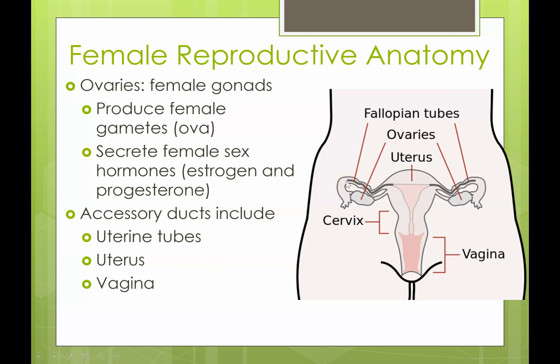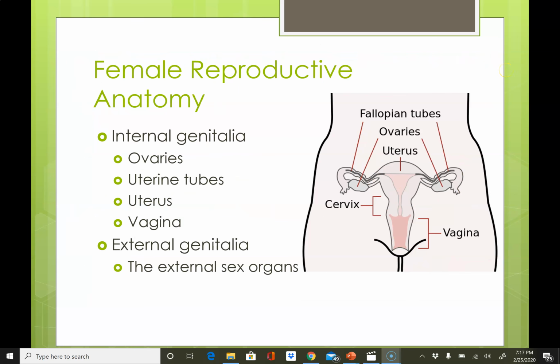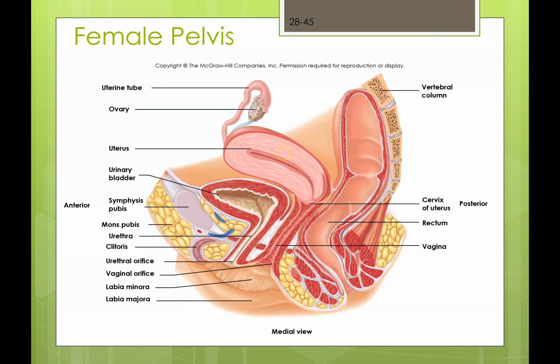So three different names: uterine tubes, fallopian tubes, and oviduct. And we also have the uterus and the vagina. Some external genitalia will be a part of our female reproductive system as well, and we will see that in a couple coming slides.